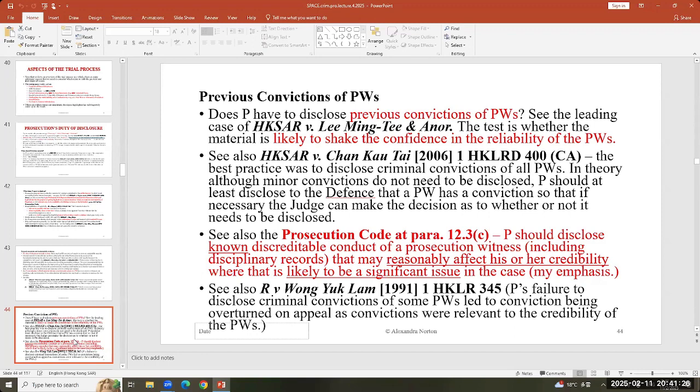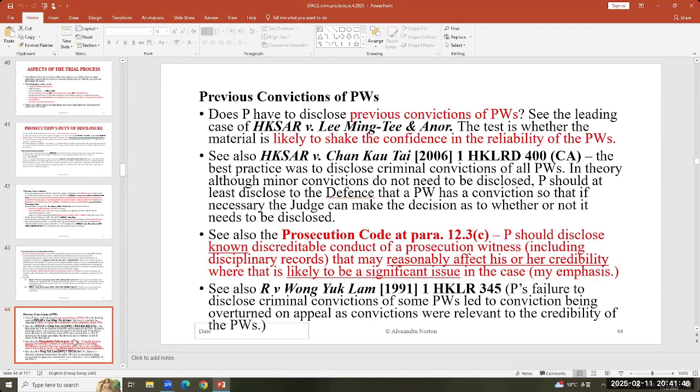And there was evidence from the defense solicitor that he'd smelled alcohol on the ICAC officer's breath. So actually, that was an example of how what may seem like an unrelated traffic conviction did actually have bearing and relevance in the case. So that's another good case to read.